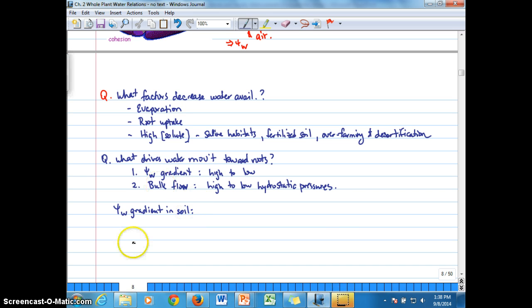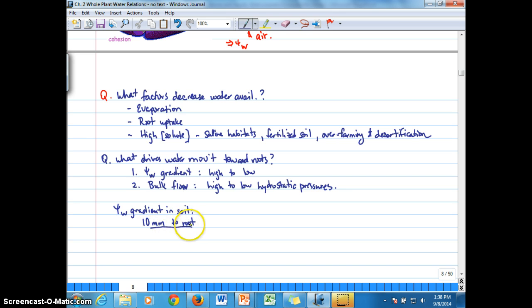Just to review some of the same concepts we talked about before, let's try to assign some water potential values here. Let's say we're out in the soil 10 millimeters away from the root.